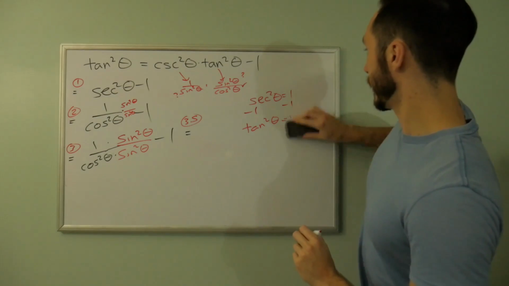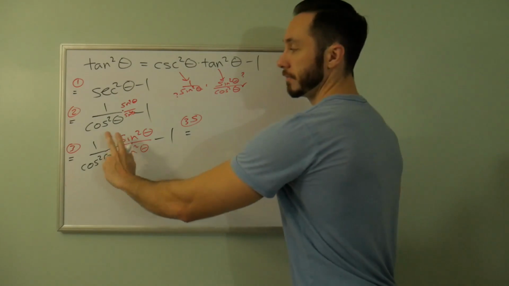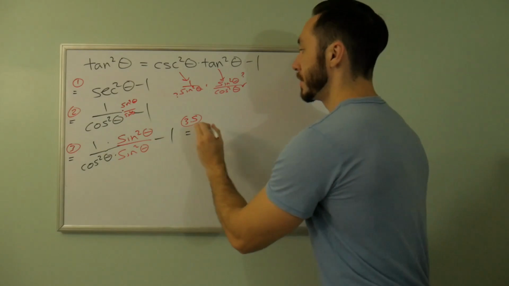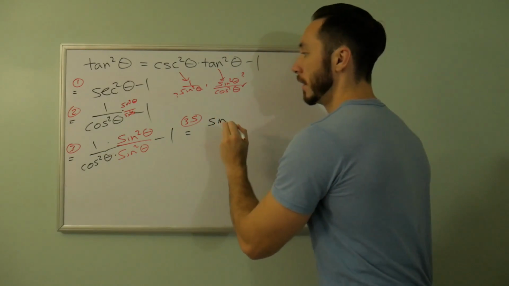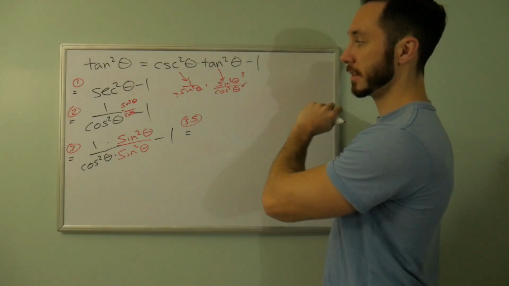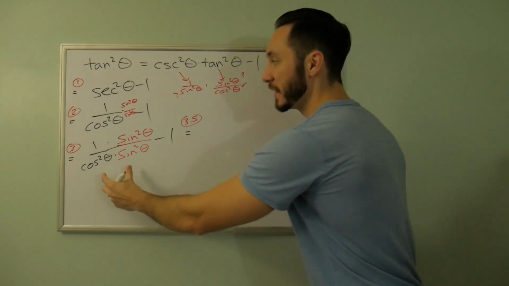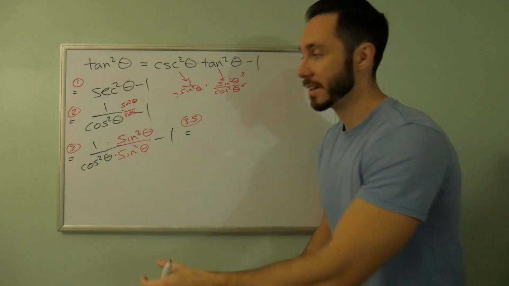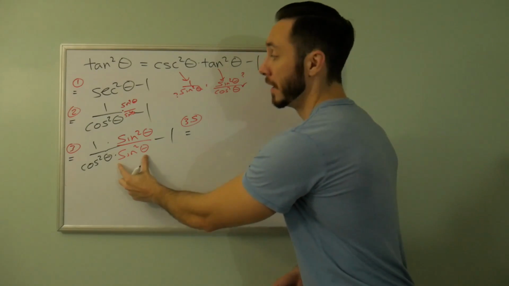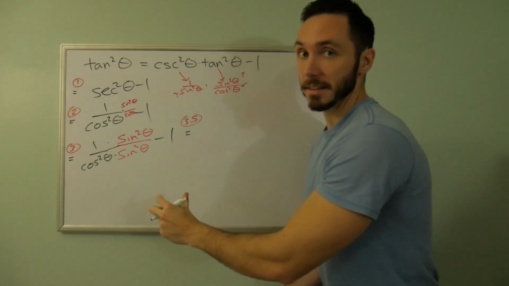So I'm going to erase this. We're kind of done with this logic here. I'm just going to flip the orientation of this just to help you see what I'm going to do. Actually, I notice that cosecant is here and tangent's here. I'm going to flip the orientation of the bottom. You can do this. Let's just say they're numbers. This is 3 and this is 5, right? 3 times 5 is 15. 5 times 3 is also 15.